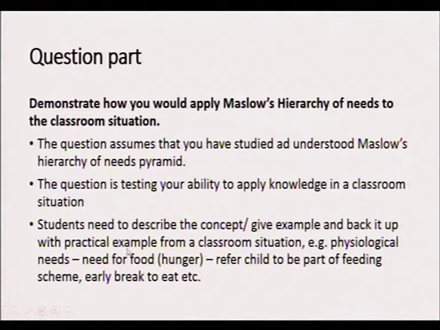That's a practical example from a classroom situation. And then you tell us, what are you going to do about it? That could be, you refer the child to a feeding scheme, if you have one, or you can have the child have an early break to eat.